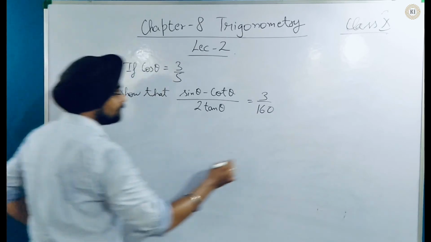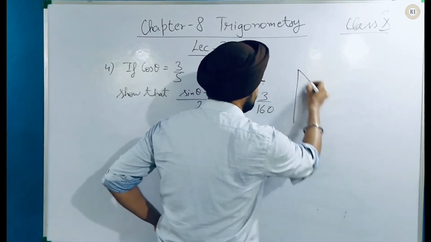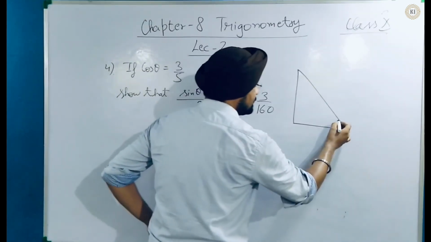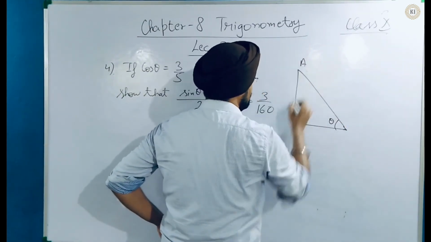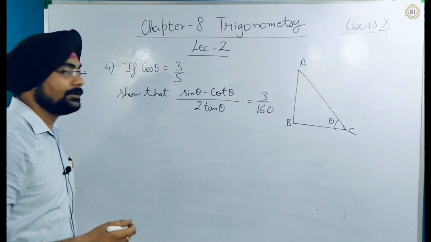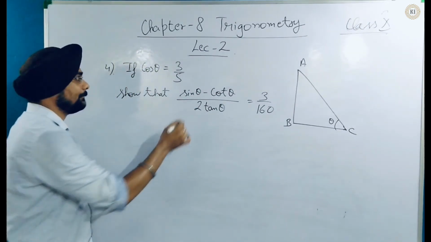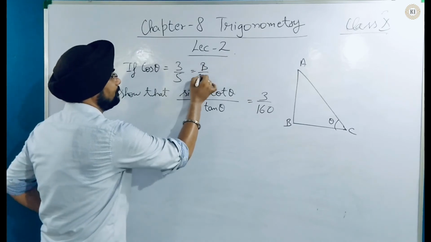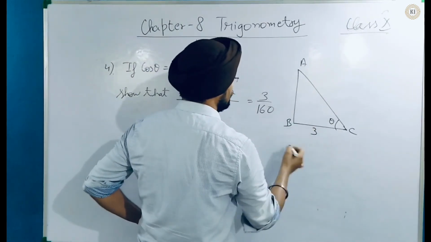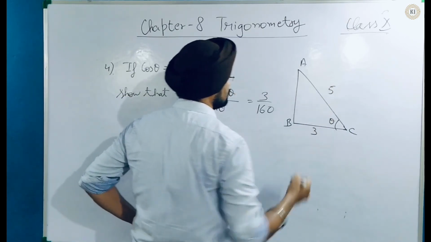So again we will draw a right angle triangle. Always we will draw a right angle triangle. Take this angle as theta, with vertices A, B, C. Cos theta is base upon hypotenuse, so 3 is our base and 5 is the hypotenuse.